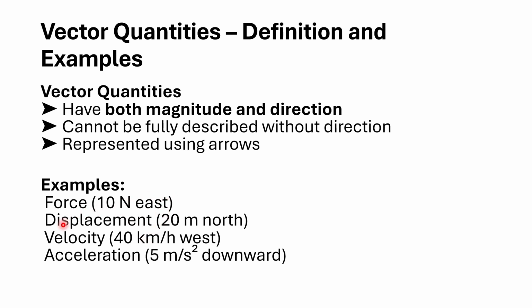The same goes for velocity and for acceleration. For acceleration, we have a great example in gravity. Gravity is always directed toward the ground, that is, in the downward direction. For example, if an object is falling from the air toward the earth, it is always directed toward the earth, in the downward direction.